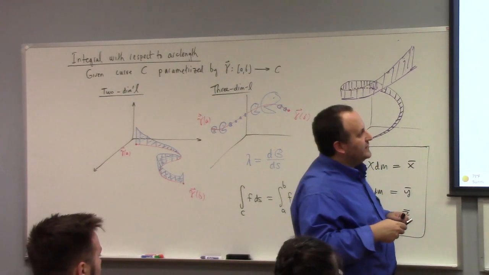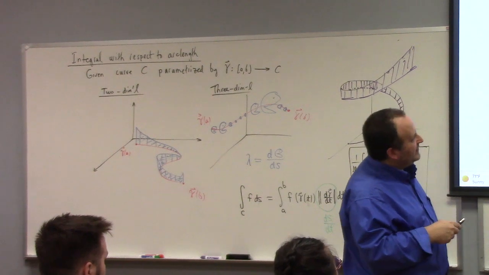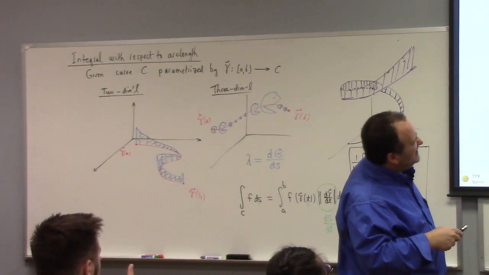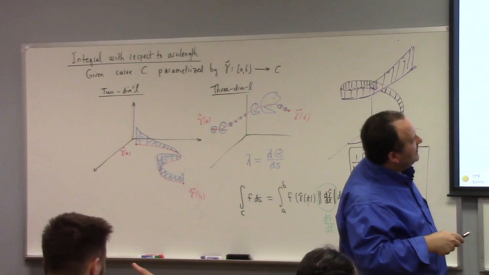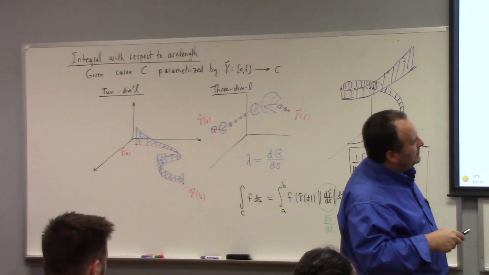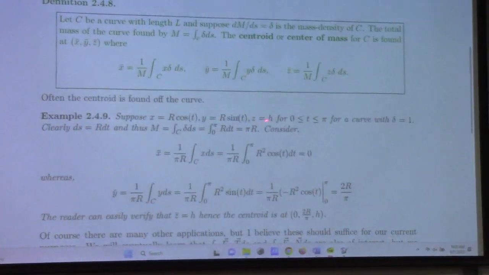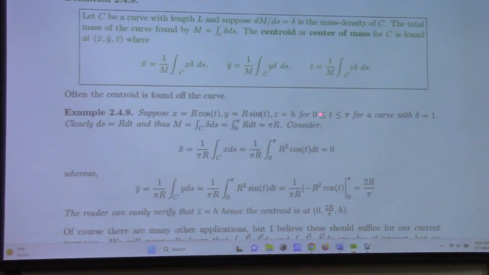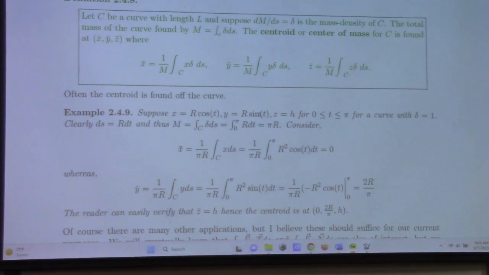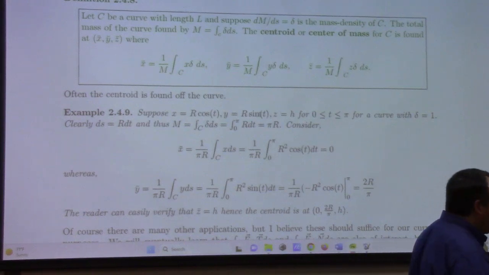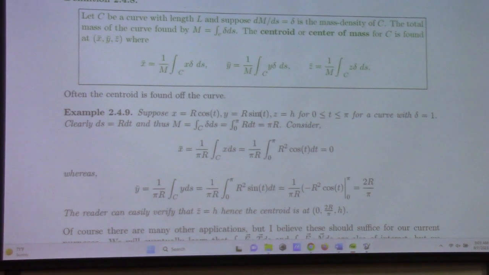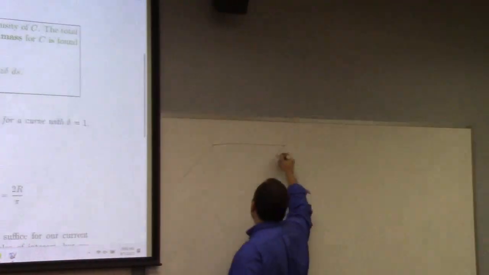No? So I wanted to actually calculate the center of mass for what is this here? Is it a helix again? Is this a helix? What do you guys think? x equals r cosine, y equals r sine, z equals h. Yeah, constant h means not a helix. 0 to pi means it's a half circle.